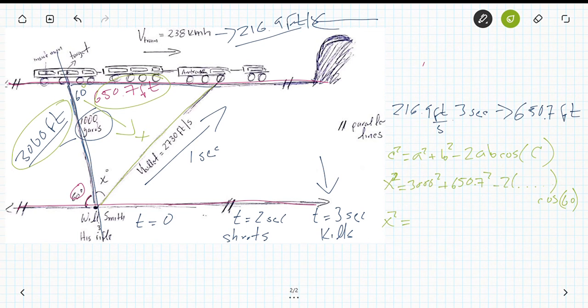Make sure that you put your calculator in degrees if you are working in degrees, and we are. So this is going to give me a huge number.